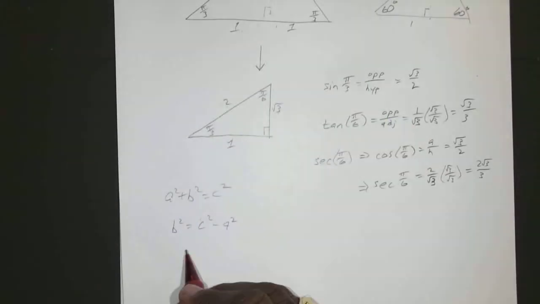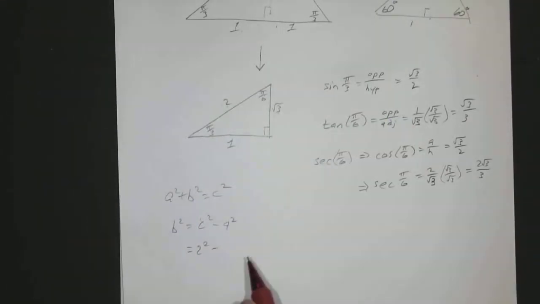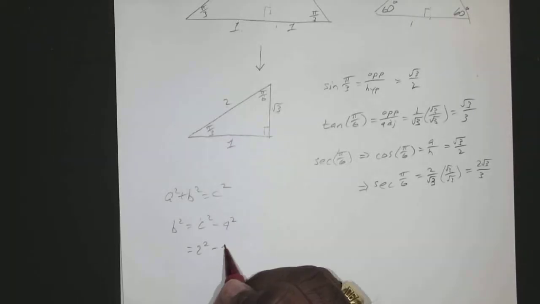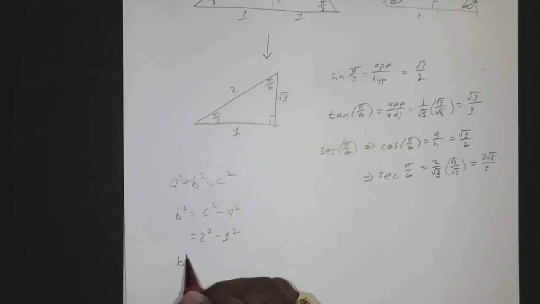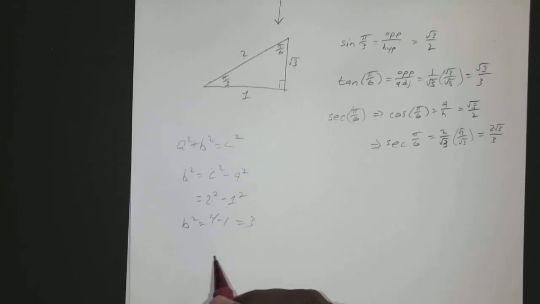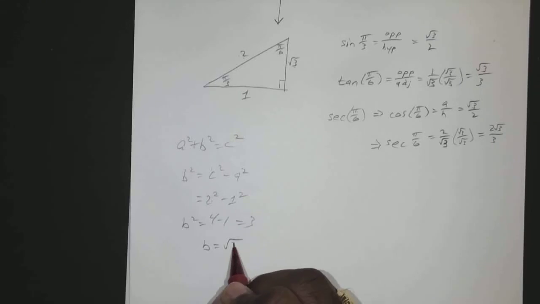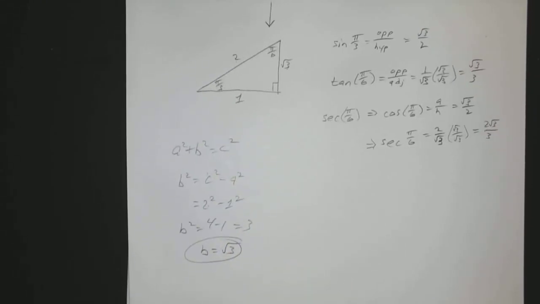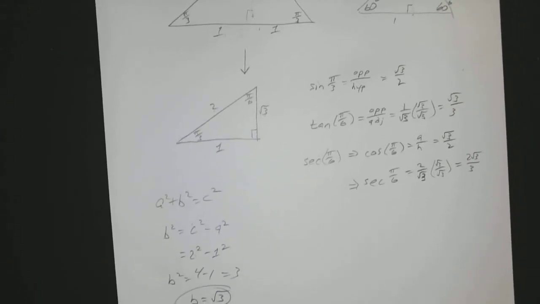So our c is equal to 2. So 2 squared minus our a is equal to 1. So our b squared is equal to 4 minus 1, which is 3. So if we square root both sides, we have b equals square root of 3. All right. Does that make sense? Okay. All right. Any questions on this one?